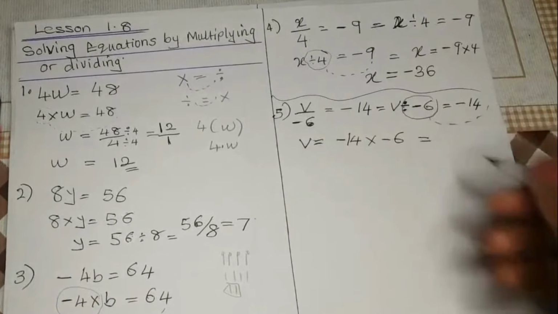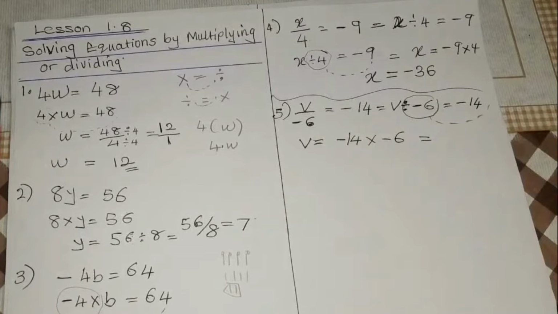So what is the answer? Negative multiplied by negative is going to give us positive.